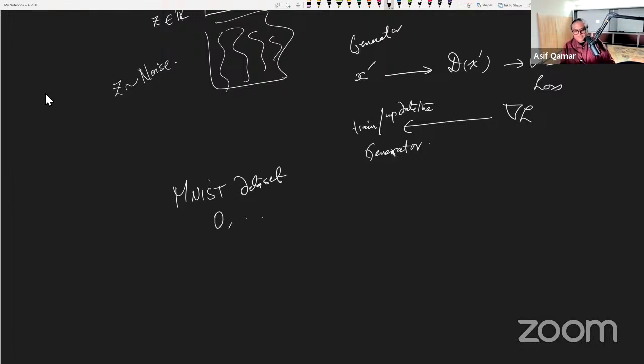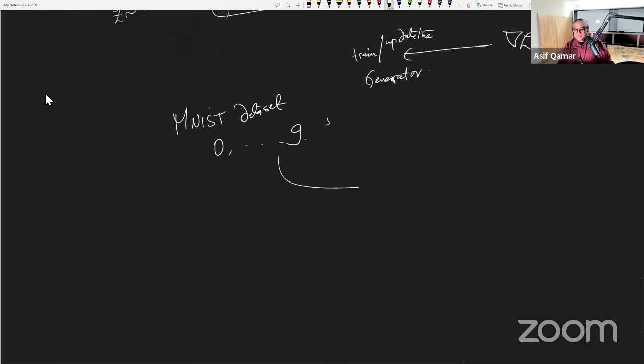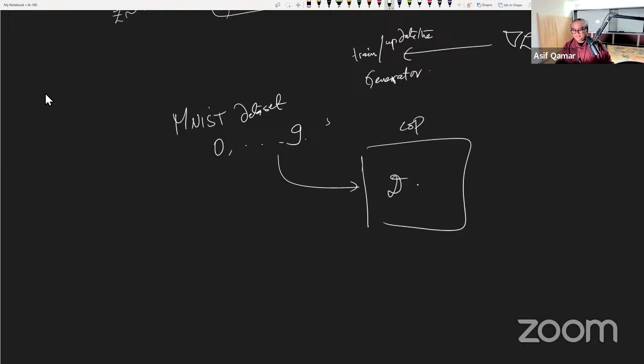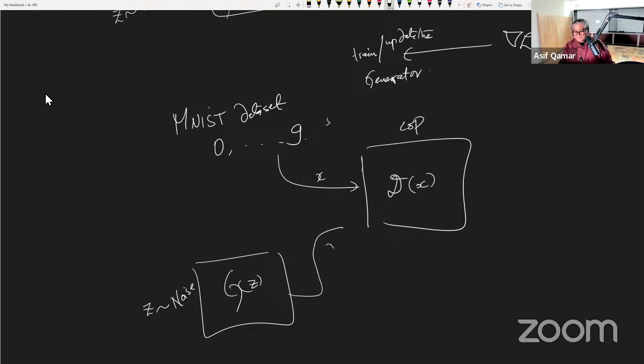So you have digits from 0 all the way to 9. What happens is you can either feed a digit to the cop, the discriminator function, or you can go to the generator, take Z sampled off noise, and feed it X prime.